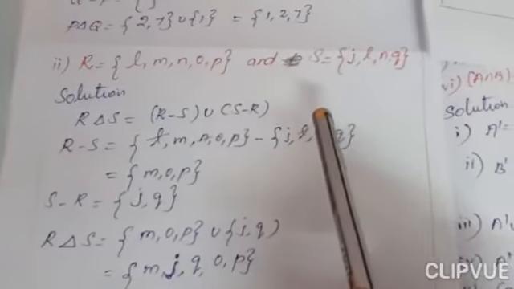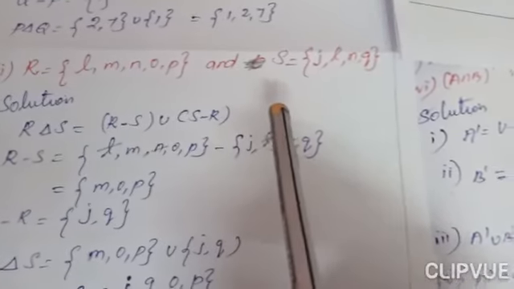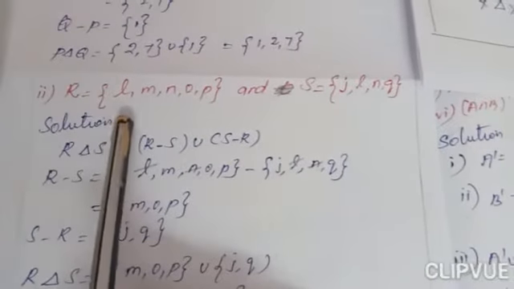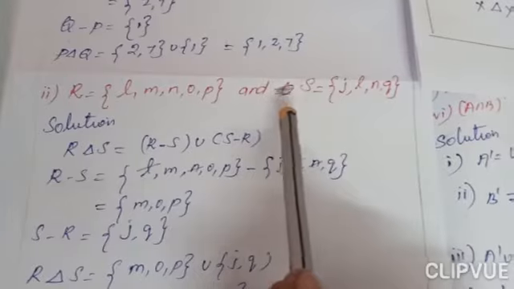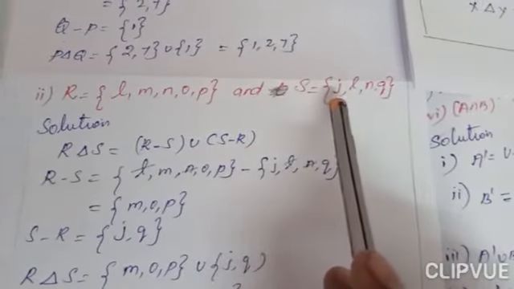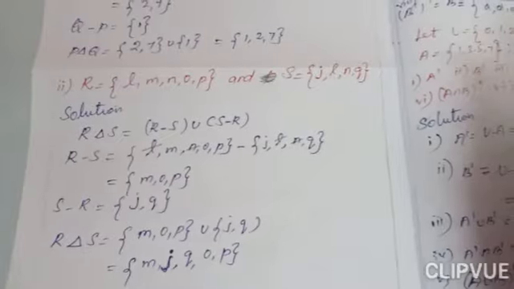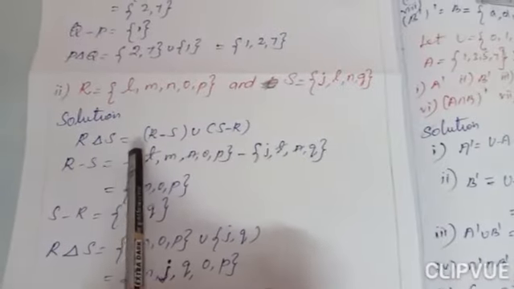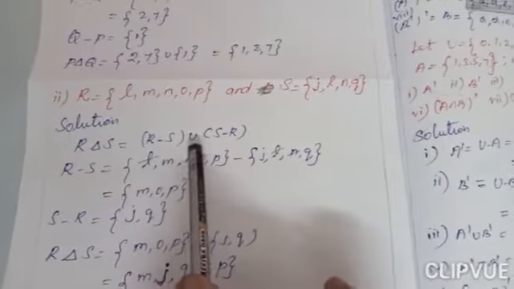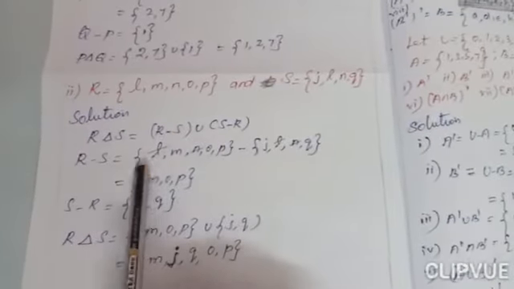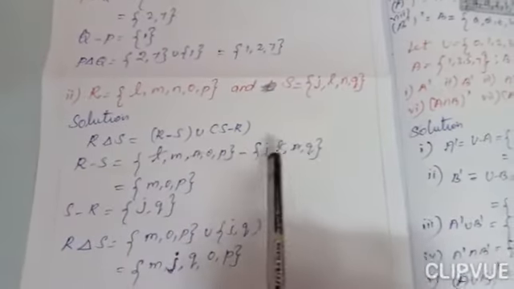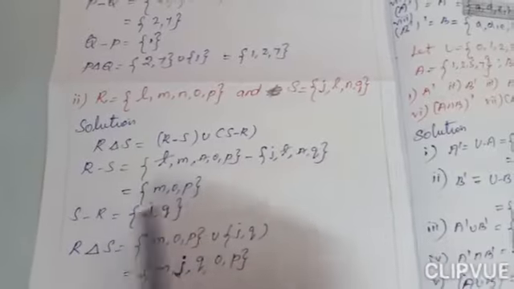The next question is R equals LMNOP and S equals JLNQ. R symmetric S equals R difference S union S difference R. First we will find R difference S. Write the elements of sets R and S. After that cancel the common elements.